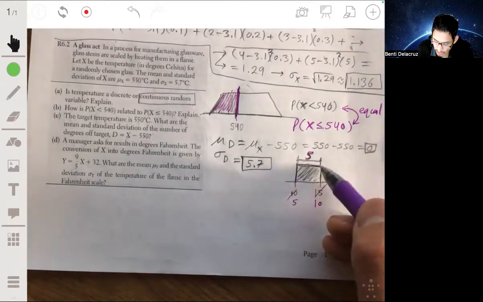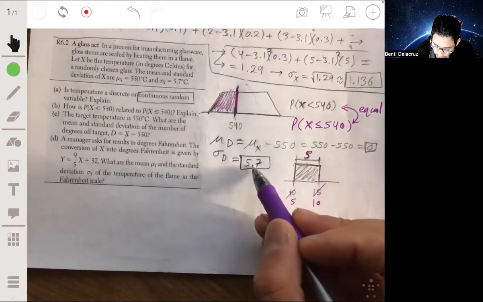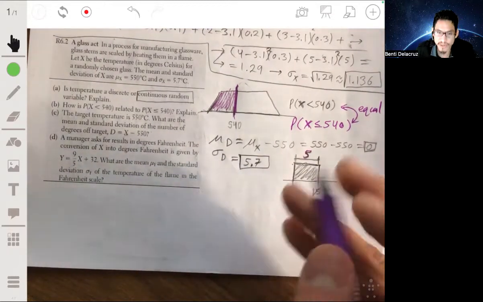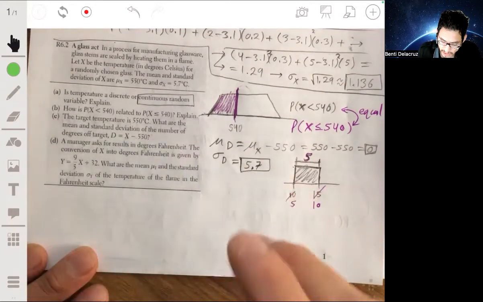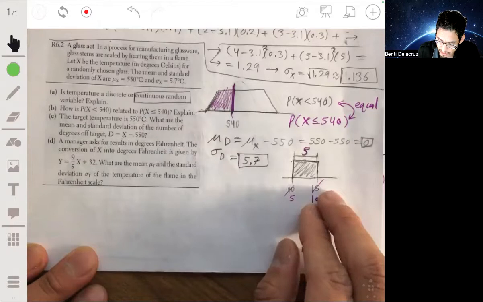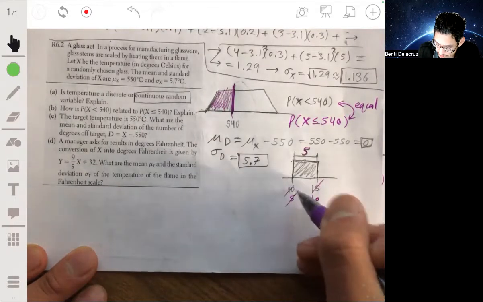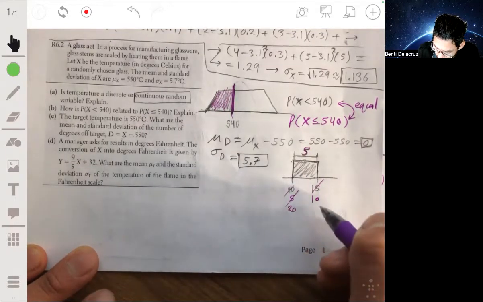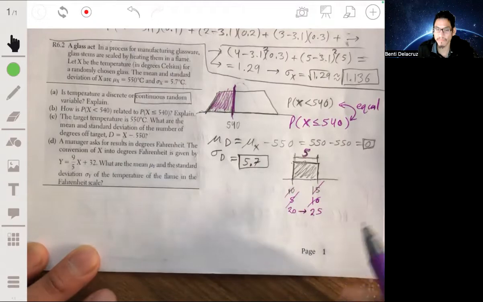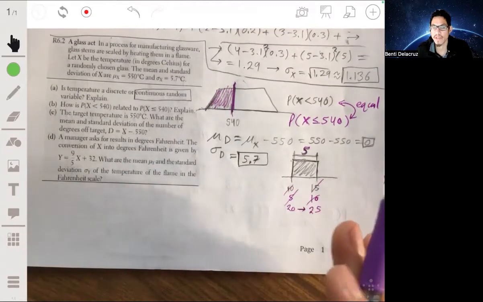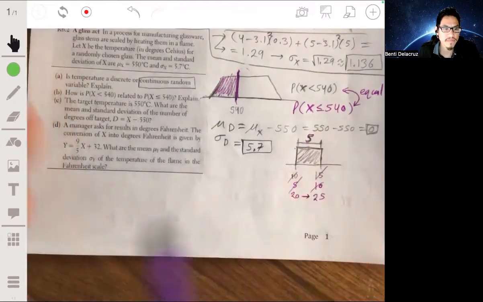They're still just 5 apart. So think of the standard deviation as a measure of spread. It's not going to change when you just add or subtract a number, because you're adding or subtracting that same number to all the values. I could increase these by 10: that becomes 20, and that becomes 25. 20 to 25 is still 5 away. That's just some intuition for why that is.